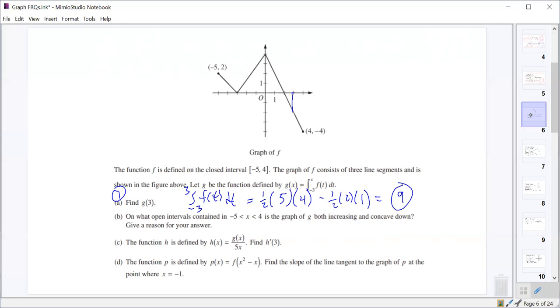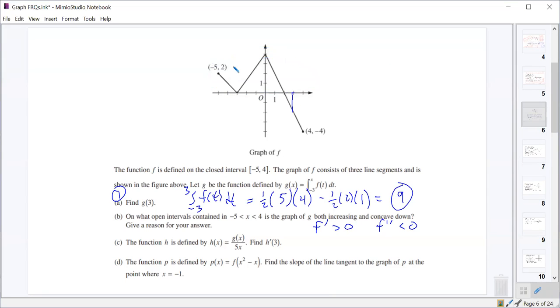All right, part B, similar to the last question, we want to know on what open intervals is the graph of G increasing and concave down. So G will be increasing if g prime is positive, and concave down if g double prime is negative.